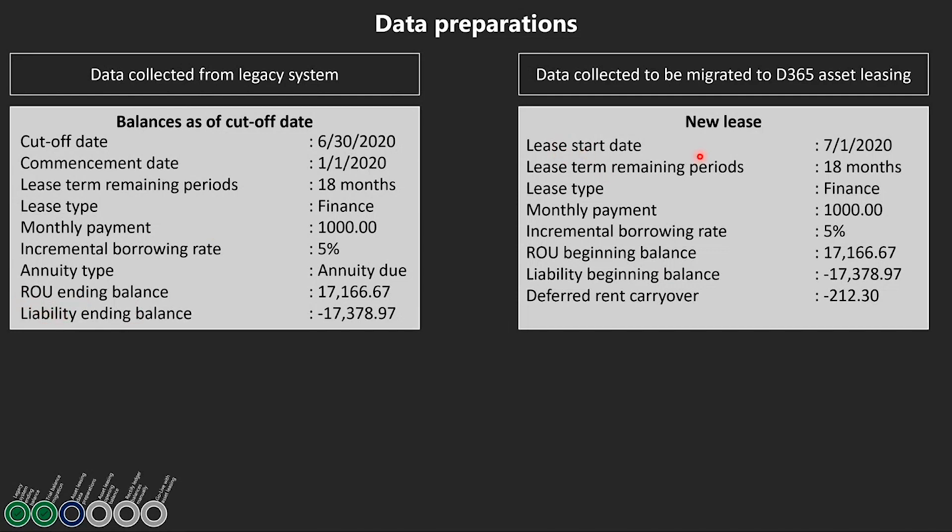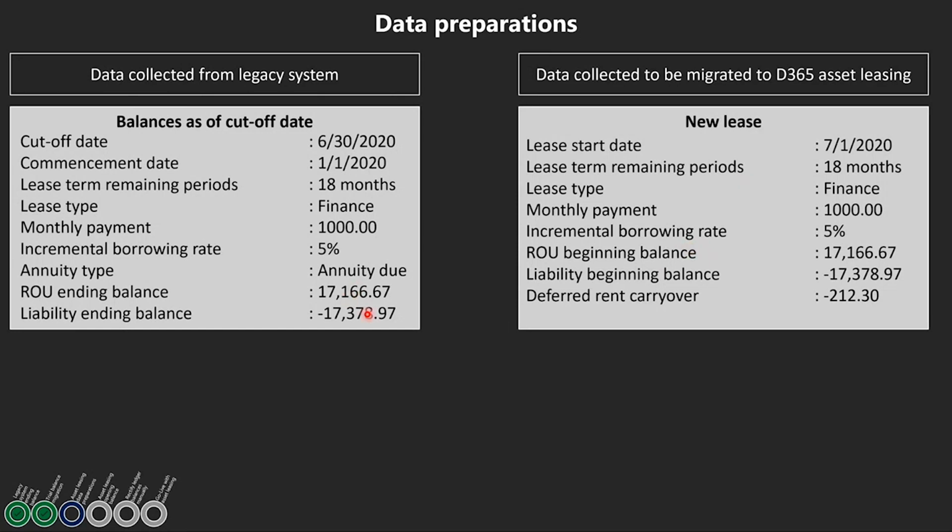Here, the lease start date will be July 1st, and this equals the opening balance date. The lease term remaining periods is 18, and we need to make sure the system calculates the opening balance of the right of use asset and liability to equal the ending balance.